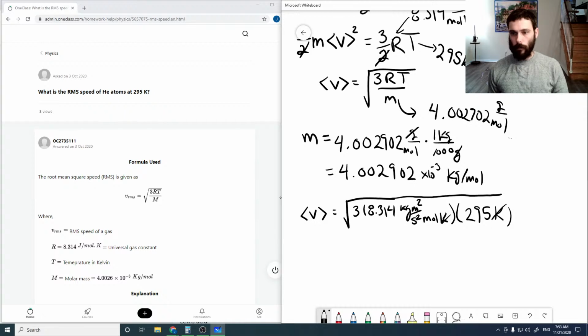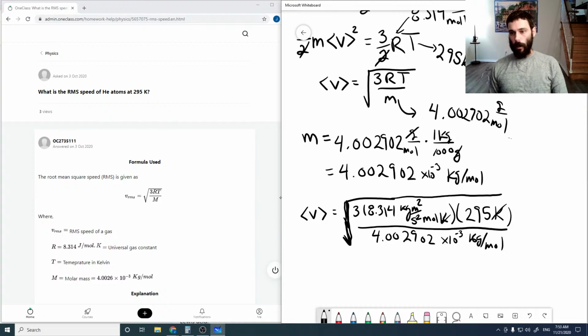So our kelvins cancel, and divided by our mass, which is 4.002902 times 10 to the minus 3 kilograms per mole. And extending that down into kind of a funny shaped square root. Kilograms cancel, moles cancel, so leaving us with meters squared per second squared, which when we square root will be meters per second, which is what we want, because that'll be a speed.